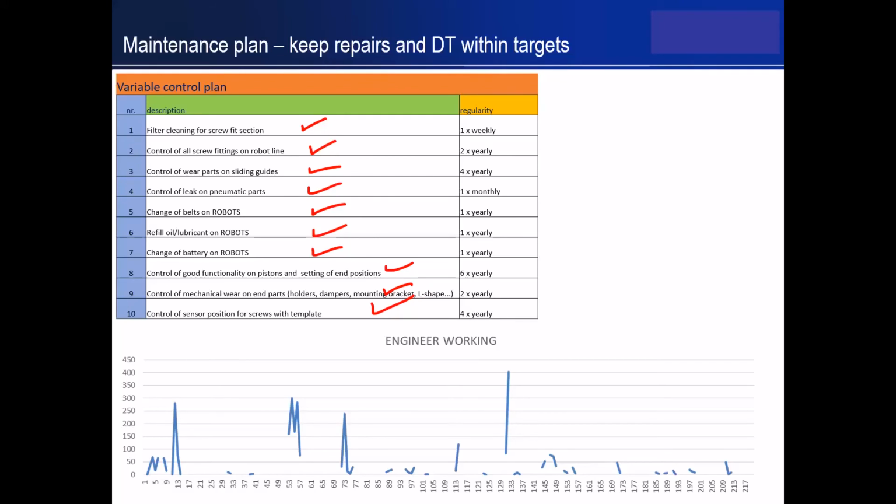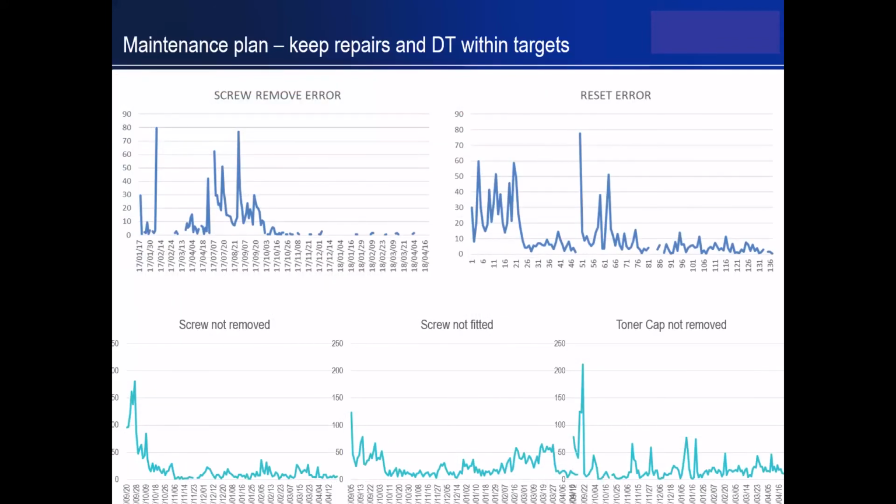And she's got them all once a week, twice yearly, four times yearly, once a month, etc. And again, what's she doing? She's driving the variability out of this thing. Look at the graphs. Look what she's doing. The variability has been destroyed in each one of these. And that's all she's tried to do.